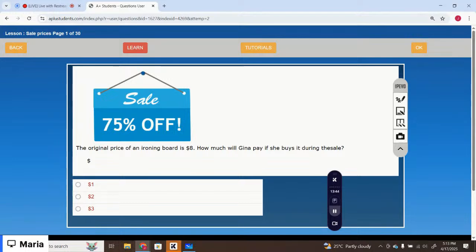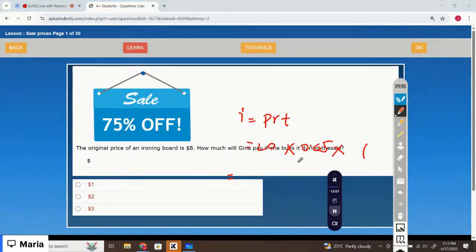The original price is $8. That is on 75% off. So you need to calculate 75% of 8. So that is 75 over 100 times 8.